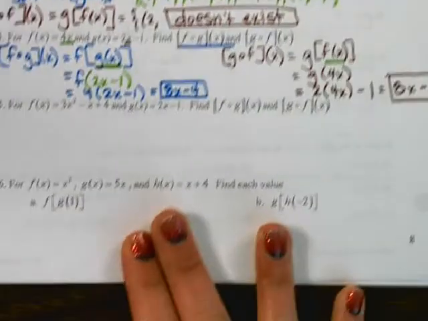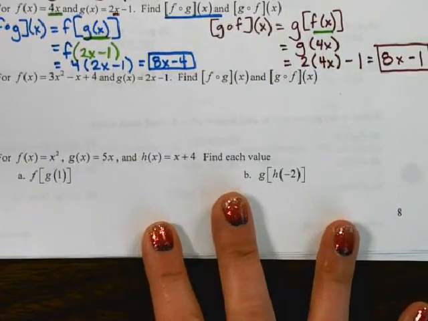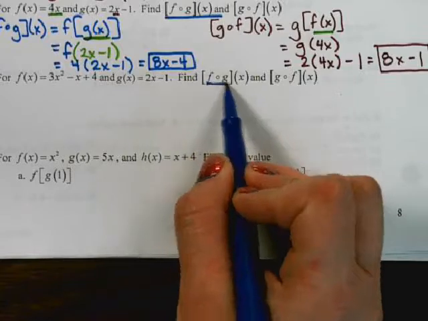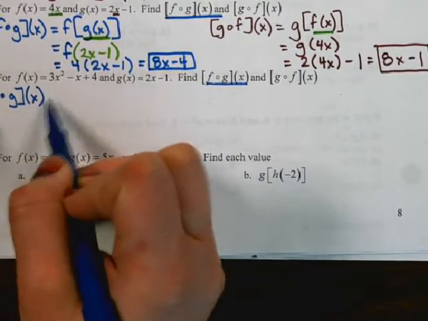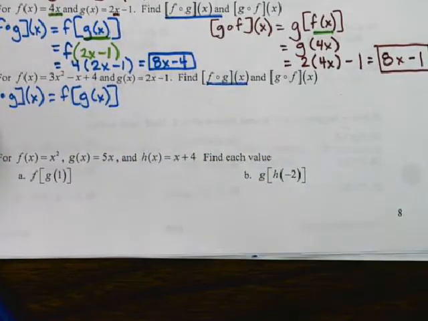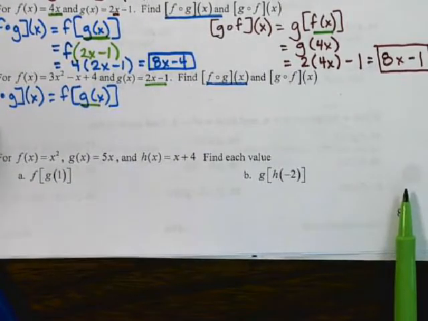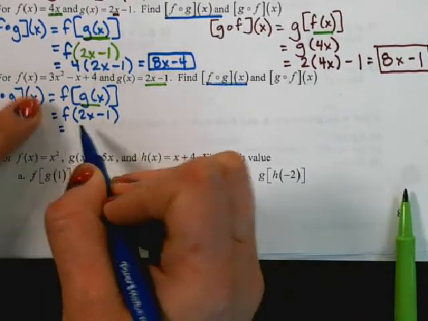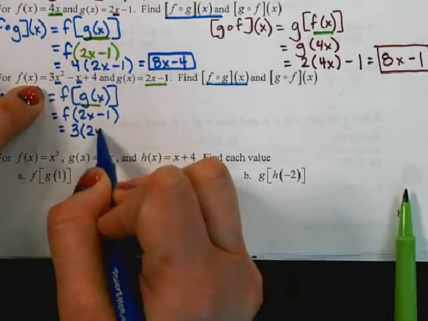Okay, let's try another one. Okay, here we go. F of g of x. Replace g of x with what it equals, 2x minus 1. Oh, that didn't change from the last one. So in my f function, everywhere I have an x, I'm going to replace it with 2x minus 1.